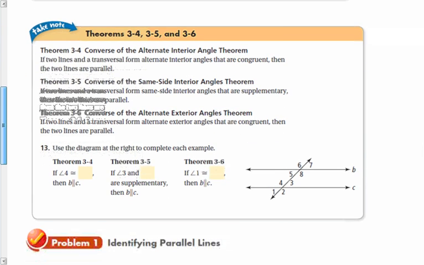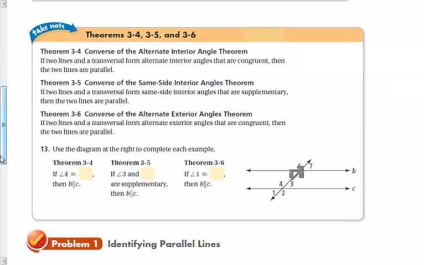Okay, and then these are the converse of the theorems we learned in the last lesson. And what they give us is the way to tell if two lines are parallel. So the first one, if two lines and a transversal form alternate interior angles that are congruent, then the two lines are parallel.